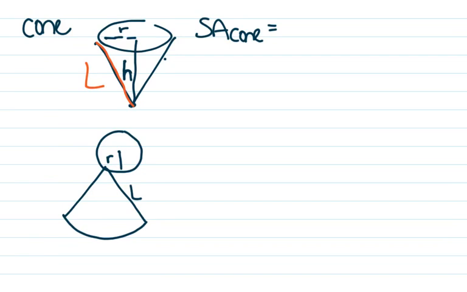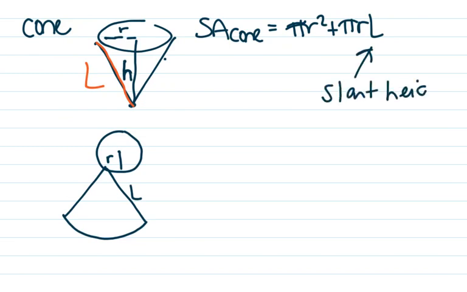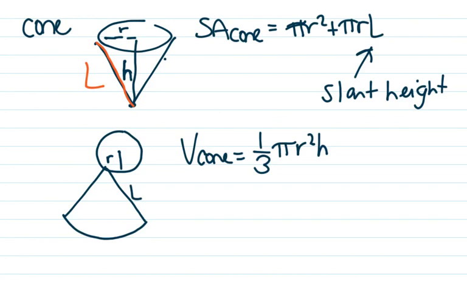So the surface area is pi r squared plus pi r L, which is slant height. So sometimes that L will be missing, and you'll have to find it, and I'll show you how to do that shortly. And then the volume of a cone is 1/3 pi r squared height. So 1/3 times pi times the radius squared times the height.